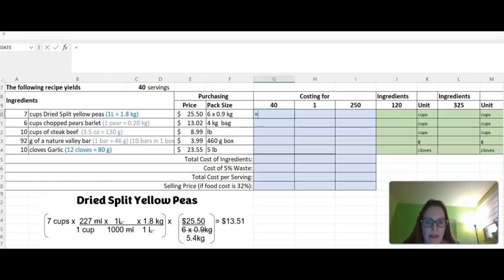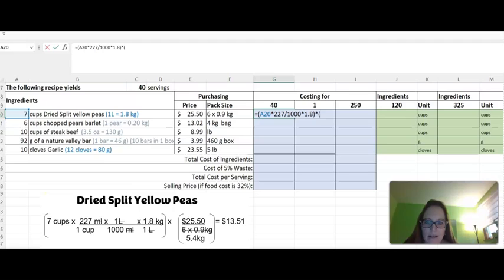To incorporate our formula here, we have to follow our written calculation exactly. So we're doing our equal sign, and then we're going to open bracket. We're going to click on our 7, and then we're going to multiply by 227, and then we're going to divide by 1,000, and then we're going to multiply by our 1.8, and then we're going to close our bracket, and we're going to multiply by our price per unit.